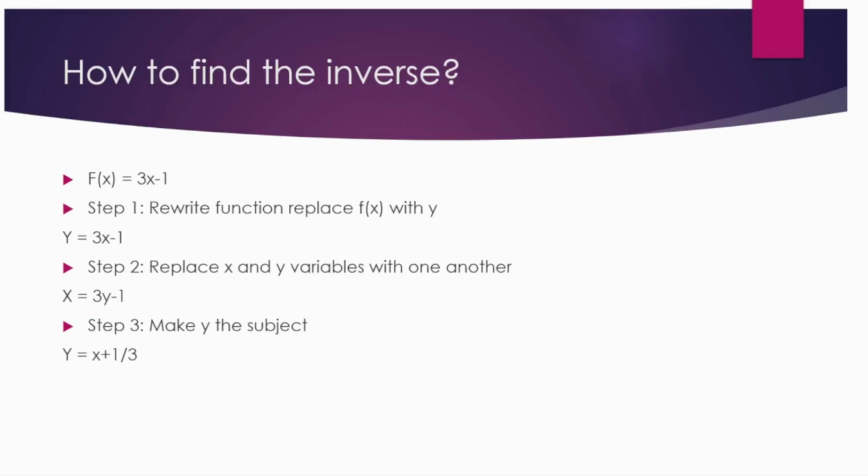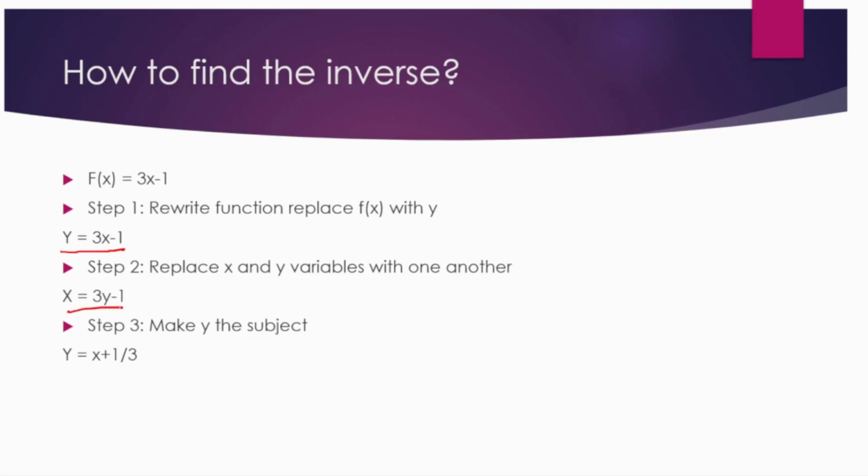So here, as you can see, I've written down a better method to find the inverse. So first of all, rewriting the function and replacing f of x with y. As you can see, I've done that here. Then step 2, replace x and y variables with one another. For this step you don't have to do this.